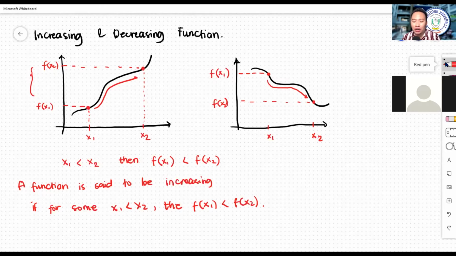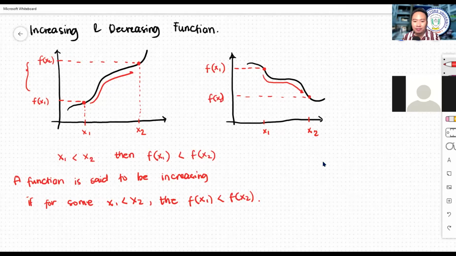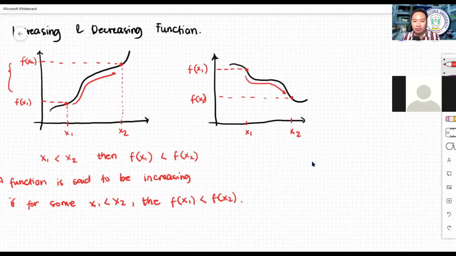Which one is bigger, x sub 2 or x sub 1, in this case here? Sure? Which one is bigger? Is it x sub 1 or x sub 2?